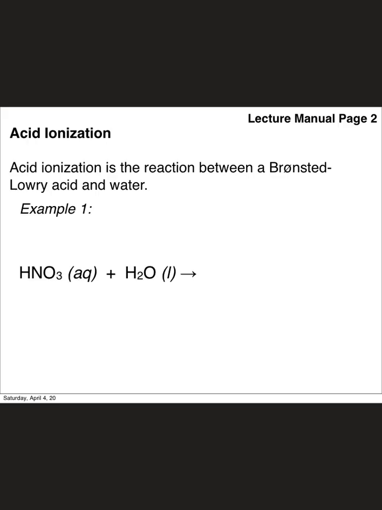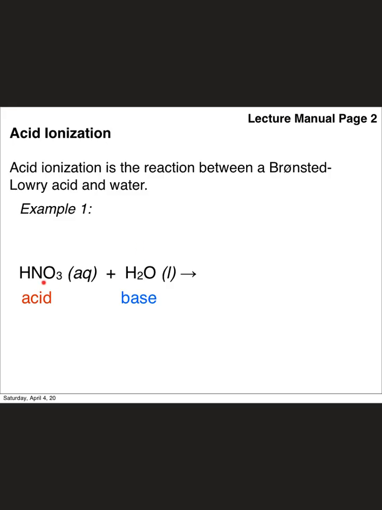Now let's take a look at the equation that represents the acid ionization in water of nitric acid and water. The name of nitric acid implies that nitric acid will behave as an acid. That means that the other species, water, will behave as a base. Again, according to the Bronsted-Lowry definition, an acid would donate a proton to the base.